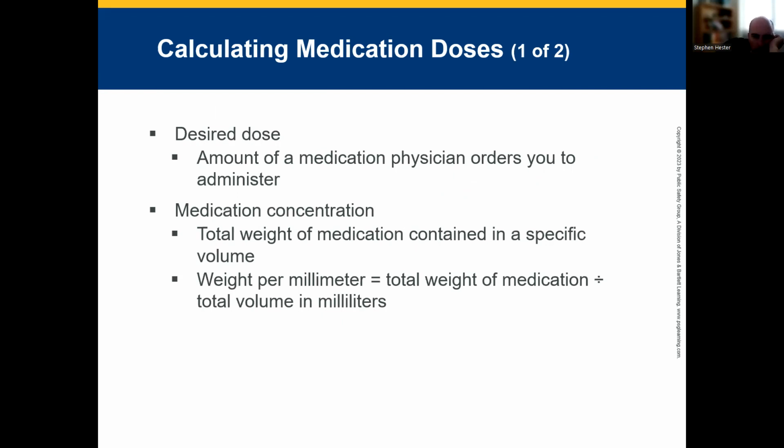You're going to have to know the medication concentration. So you're going to have to be able to take the total weight of the medication contained in a specific volume. They are contained in different kinds of volumes and different mixtures, concentrations. So you need to be familiar with that.